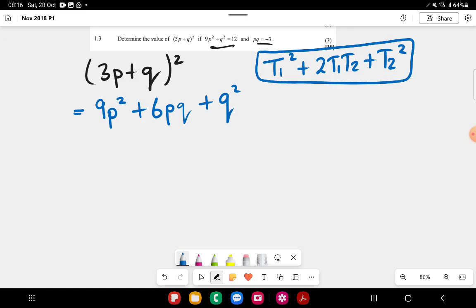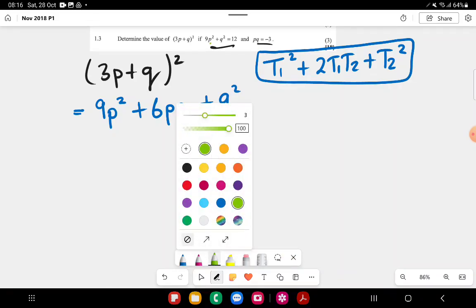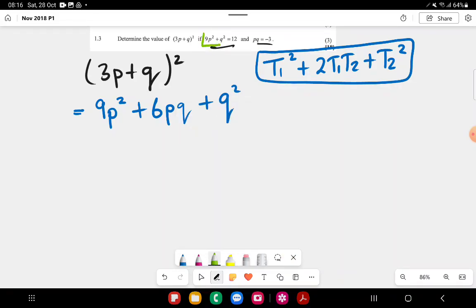Now that I have this, I am going to look at a couple of things. First thing, I have a statement here that says 9p squared plus q squared is 12. I have 9p squared and I have q squared. So if I say 9p squared plus q squared, I can change this to just 12 because it tells me it's 12 in the statement.